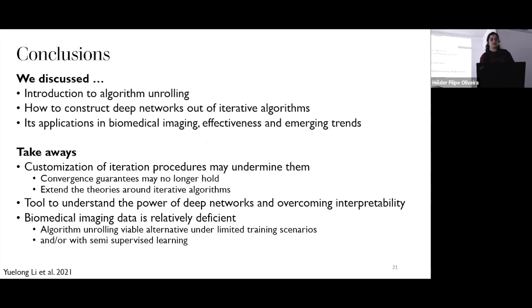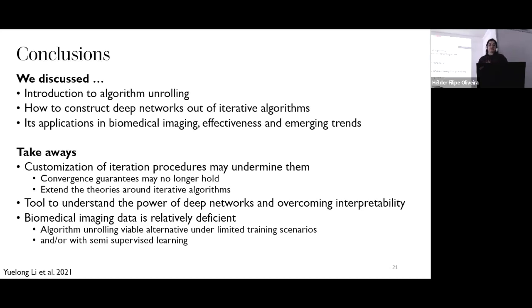So in conclusion, we discussed the introduction of algorithm unrolling, how to construct deep networks out of iterative algorithms, its application in biomedical imaging, and the effectiveness and the trends when building these unrolling algorithms.